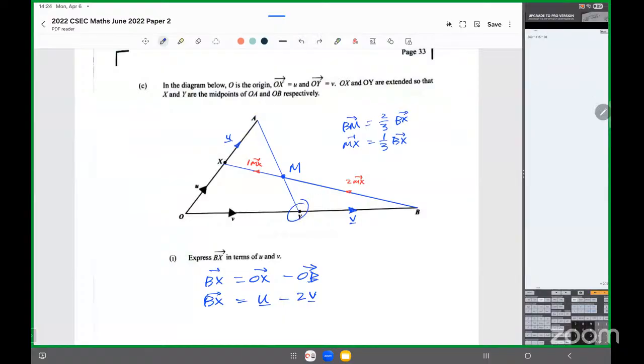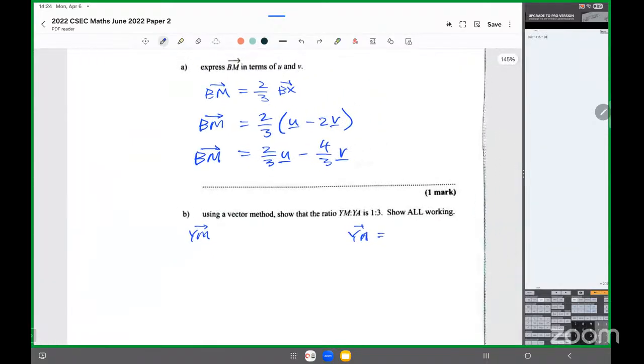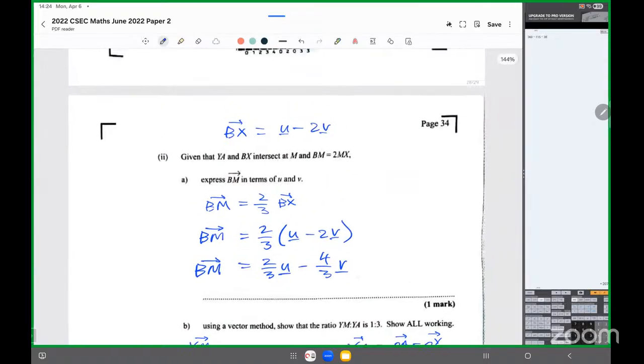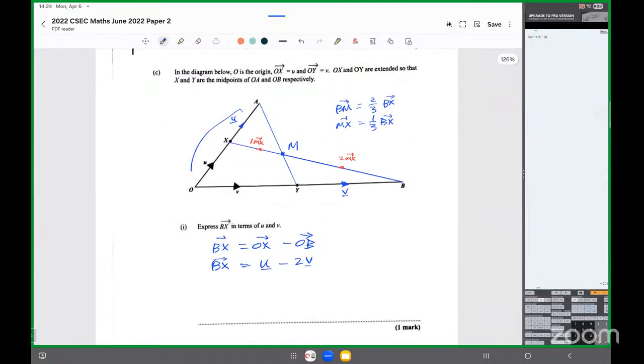I have the position vectors of Y and A. It's OA minus OY, O times the last minus O times the first. OA was 2U, and OY was V. So it's 2U minus V.